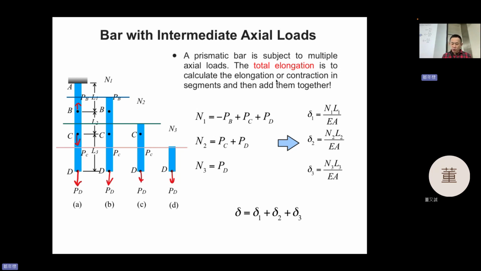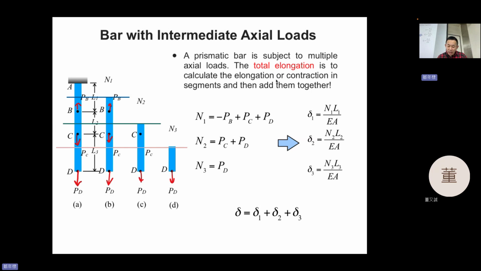So for example, if we want to get the AB section force, we just cut it, and we can do force balance for the bottom part or the upper part. I will do the bottom part first. If we cut it, we find that B here has the force upward, C is downward, no problem, and PD downward, of course.